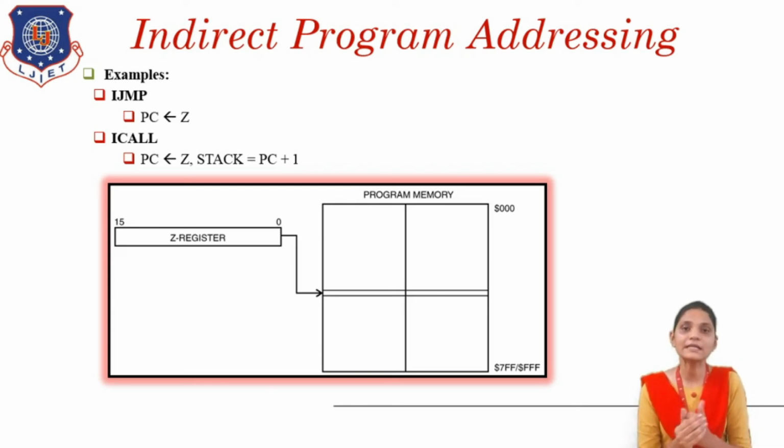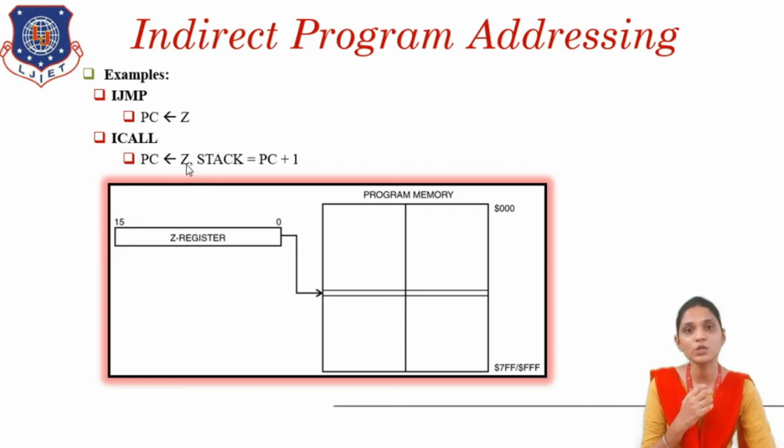But in call and return, we are storing the return address. Okay, that you are all aware of from the subject COA. So in call and return, we are storing the return address, and that return address is going to be stored at the top of the stack. Okay, and what is the return address? That is the next value of program counter. So in this ICALL instruction, we are storing the location that is given by the Z register, that is our new location, to the program counter, as well as storing the old program counter to the stack.